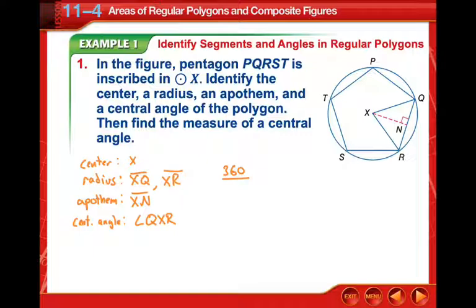This is a pentagon, so there's 5 sides, and that gets us 72 degrees. Now, if we wanted to find the angles that go around it, there's 5 of them, but there's not 360 that they add up to. It's a different number. So we'd have to actually figure out what that is. So it'd be 3 times 180, 540 divided by that. It's 108. So that's how big those ones are. But we'll need that here in a little bit.